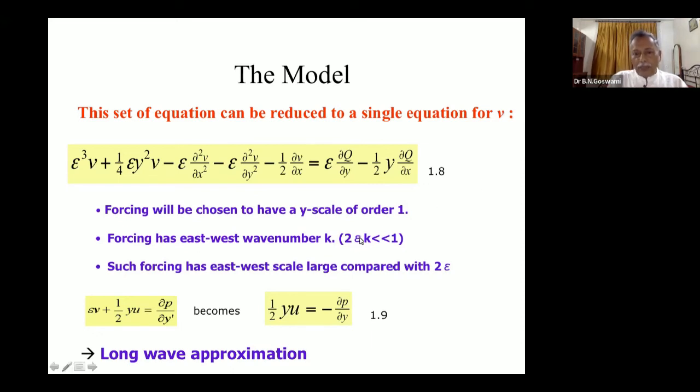So our dissipation parameter is small: epsilon and epsilon over k are much smaller than 1. If that is so, then I can make the long wave approximation and neglect some of the terms. When you go back, the V equation becomes just the geostrophic balance.